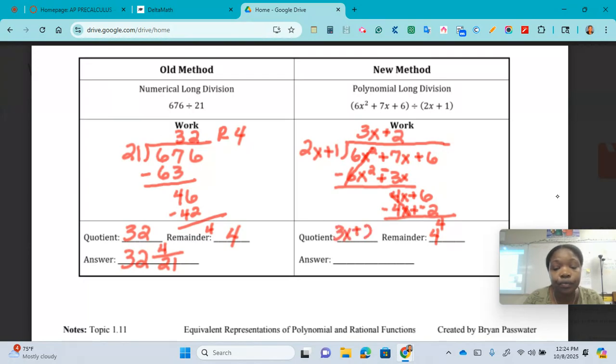Did we do this to show that you can long divide an equation normally? 6, 7, 6 divided by 2, 1. 6x squared plus 7x plus 6 divided by 2x plus 1, and the remainder is the same, and the quotient is the same, you just put x in there. They're like the same function in a sense.